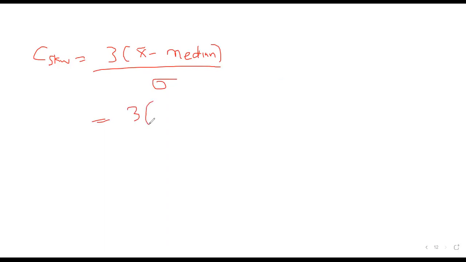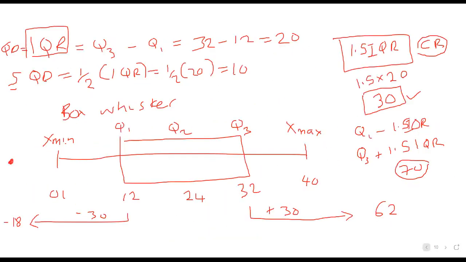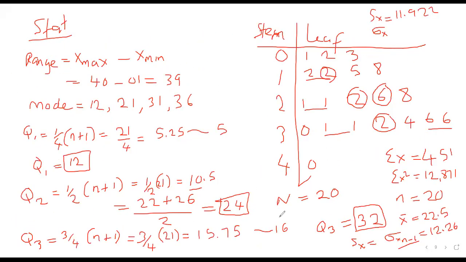So 3, what is our mean? It's 22.55. Median, the second quarter, was what? 24.